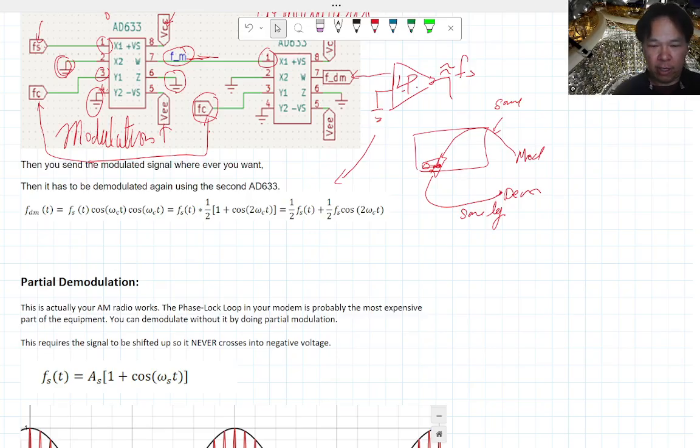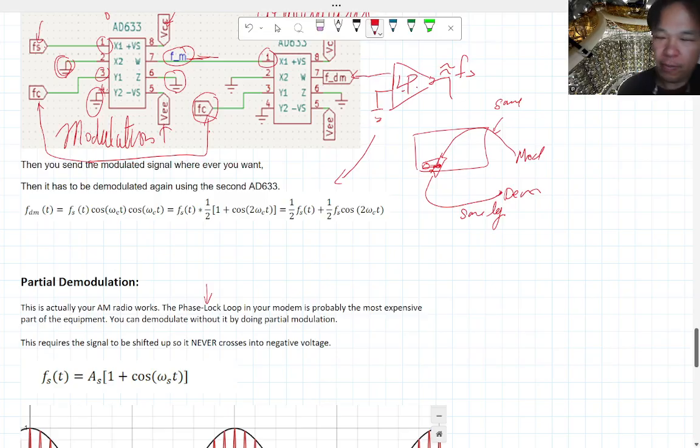And if you're sending this wirelessly, you don't have a cable between them where you can share your carrier signal, your carrier wave.